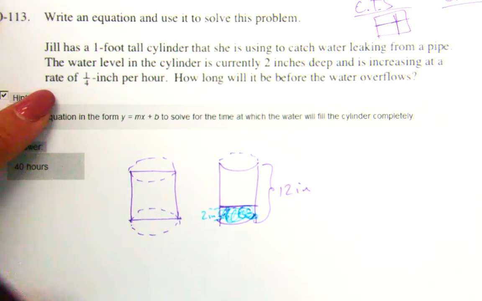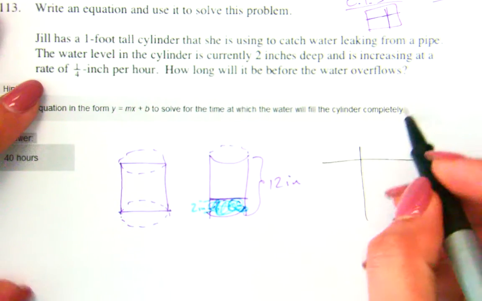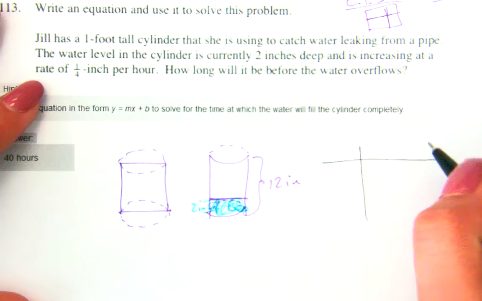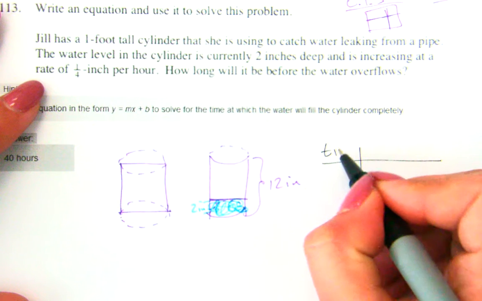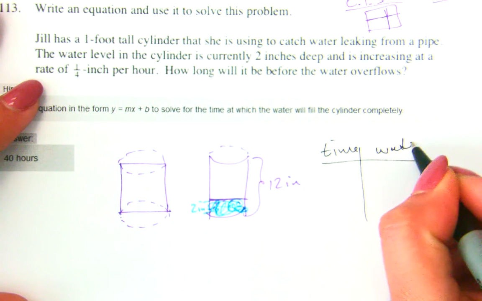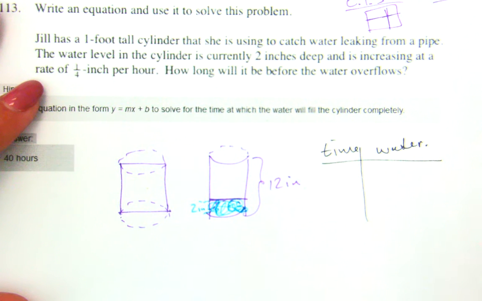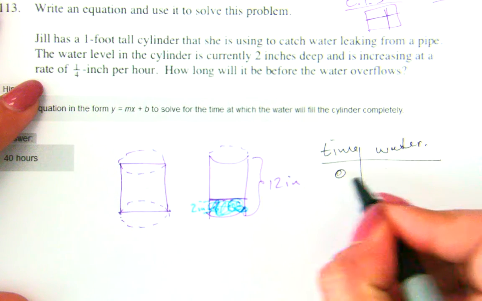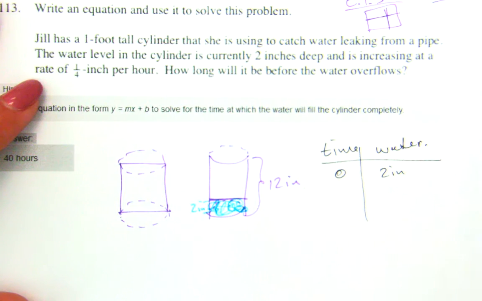So you can actually create a table from this if you really want to. Here is your time, and here's how much water you have. Currently, 2 inches deep. So at time 0, the water is 2 inches.